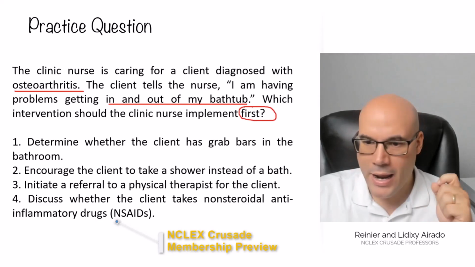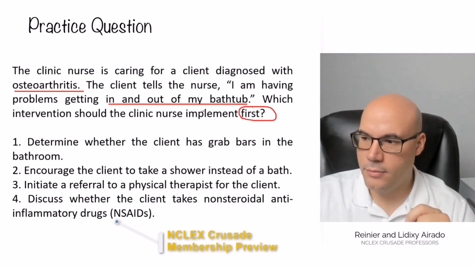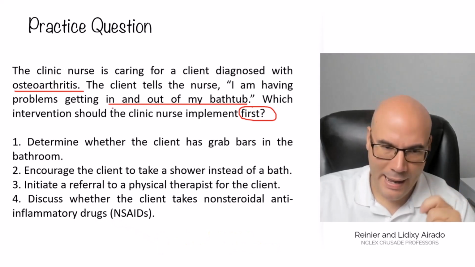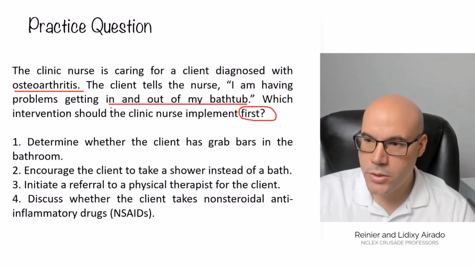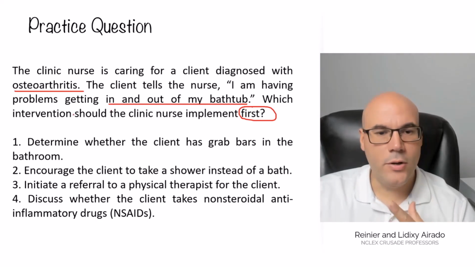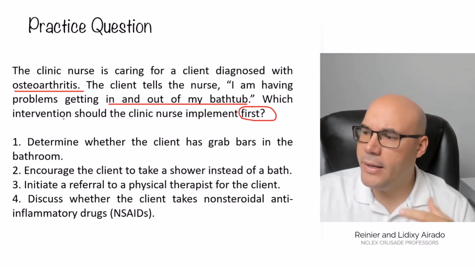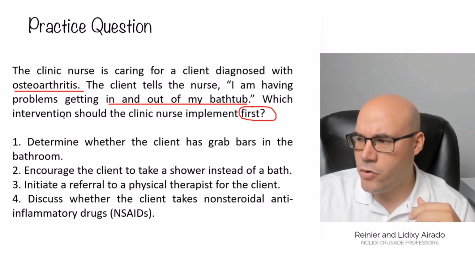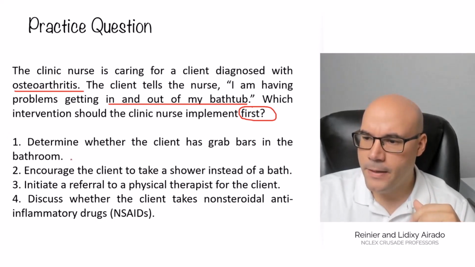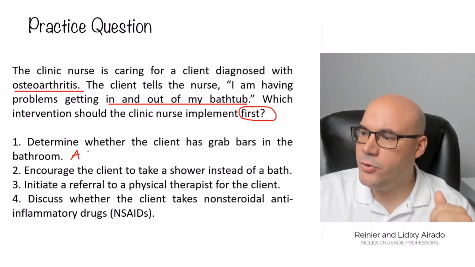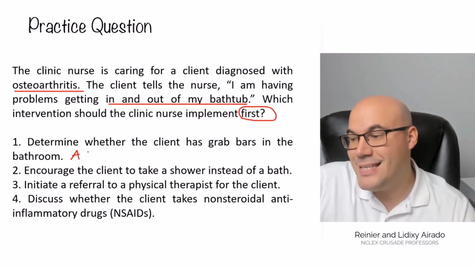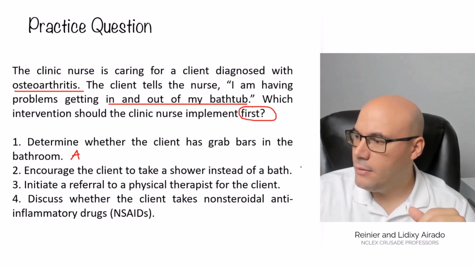First, priority, keyword. So automatically, I have to think, what strategy can I use in this priority question? Let's look at the answers. 1, determine whether the client has grab bars in the bathroom. This is an assessment. 2, encourage the client to take a shower instead of a bath.